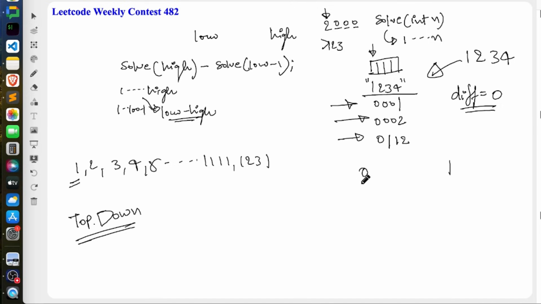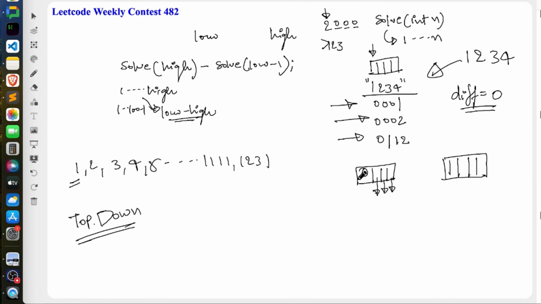If you keep 0 at the first place, these three places are empty currently, because you are currently at the first place. Let's see what the possibilities are.